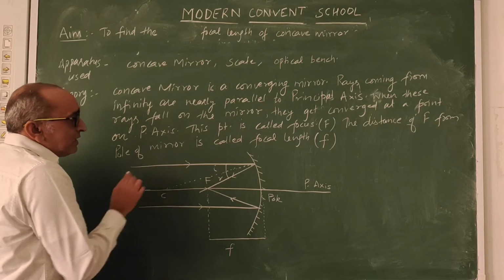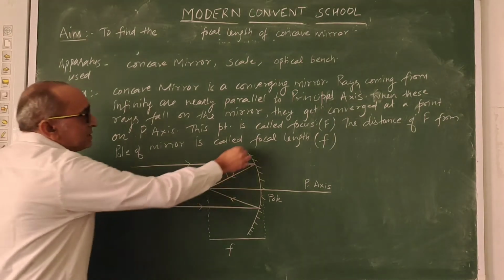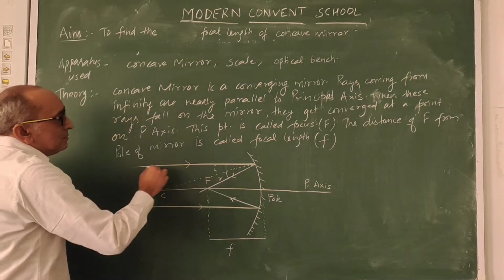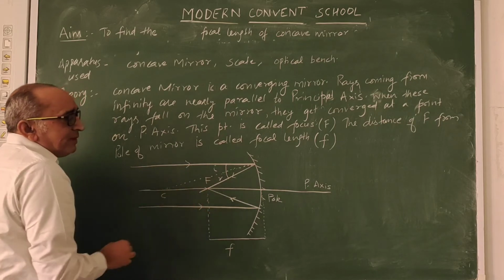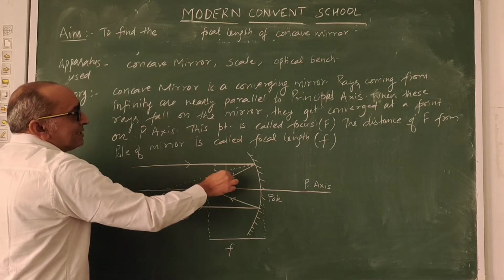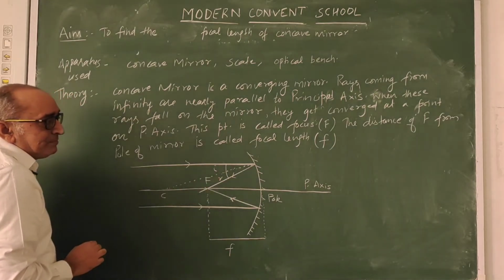By doing this, we can also find the center of curvature of this mirror. We have to draw the incident ray and reflected ray, then bisect the angle between the incident ray and reflected ray.